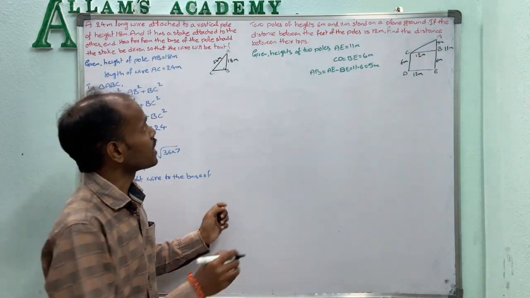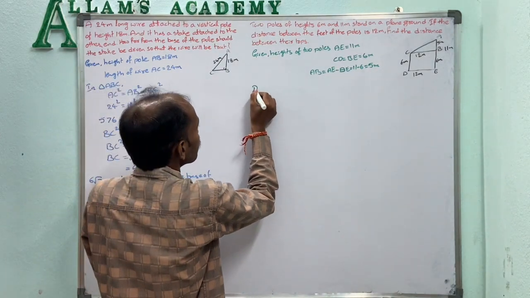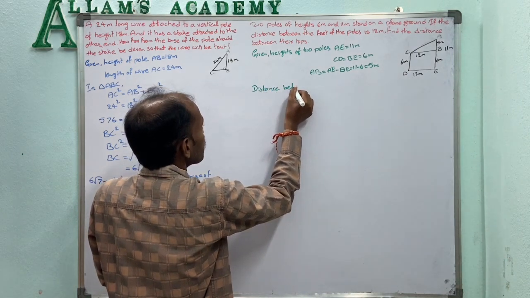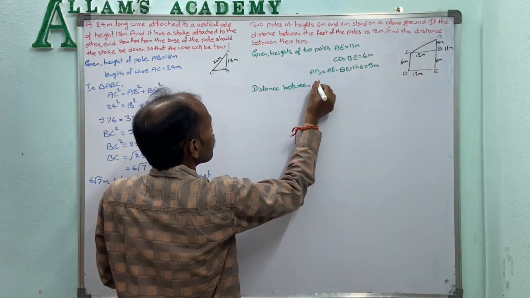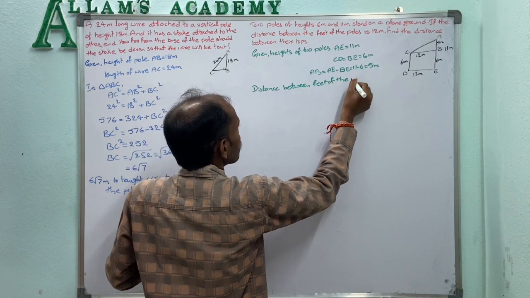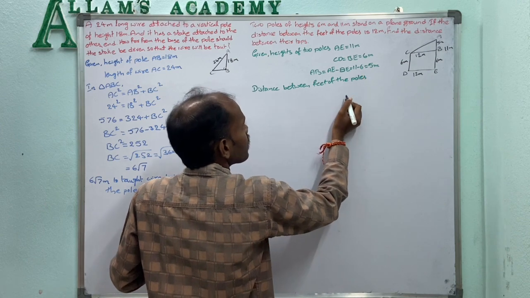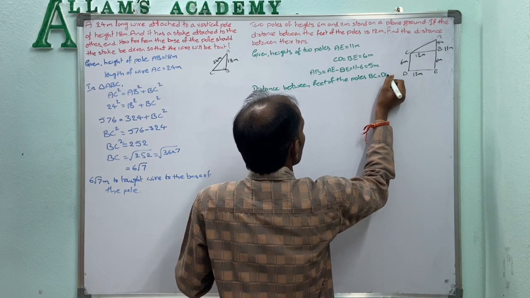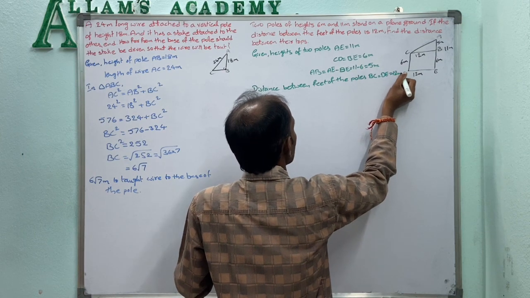Next, distance between the feet of the poles, that is BC equals DE equals 12 meters, given.